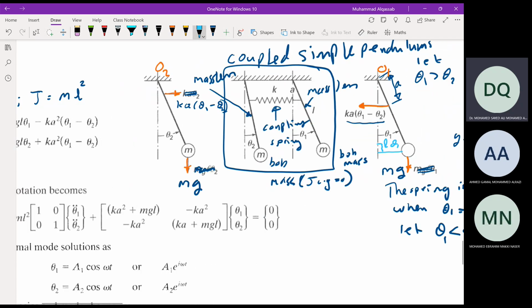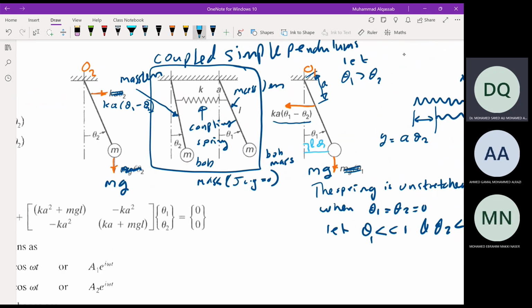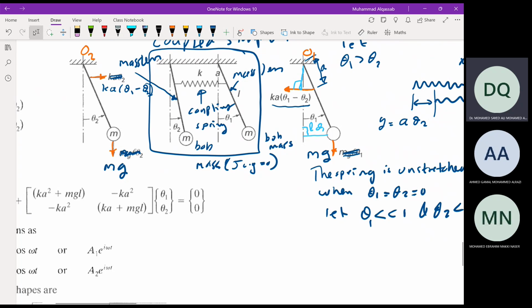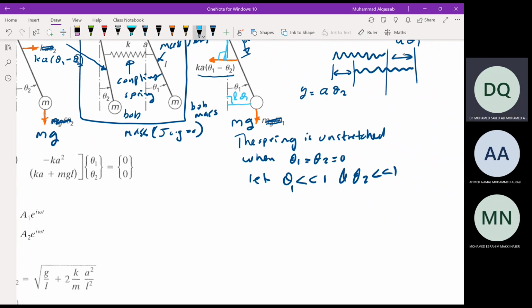And the moment of the spring force, you will multiply by the perpendicular distance, which is this value. Okay, this perpendicular distance is A cosine theta. So it is A cosine theta. For small theta, this is taken as 1.